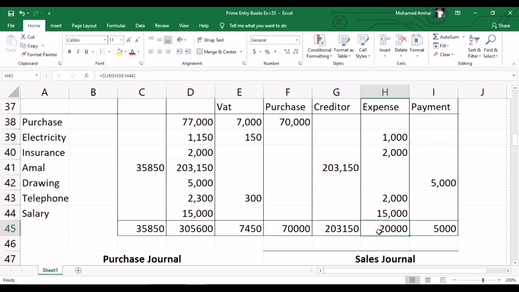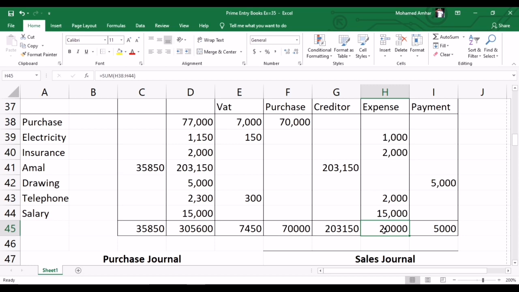All these expenses should be debited to ledgers. There are four types of expenses, so you should not debit the total amount 20,000 as expense. If you debit the total amount 20,000 as expense, we can't give enough information to our stakeholders.